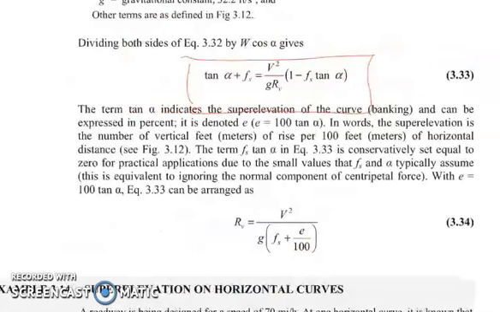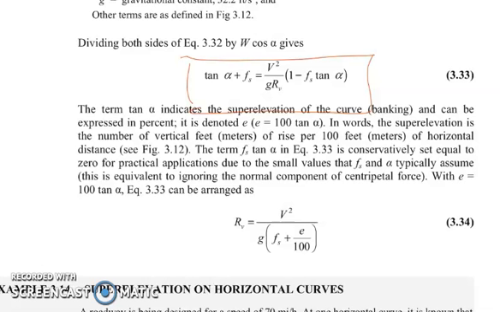Now, if we are going to have the value for our E, which is our superelevation, we can have an equation wherein the term f sub s tangent alpha is conservatively set equal to 0 for practical application, due to the small values of f sub s and alpha. This is typically assumed to be equivalent to ignoring the normal component of centripetal force.